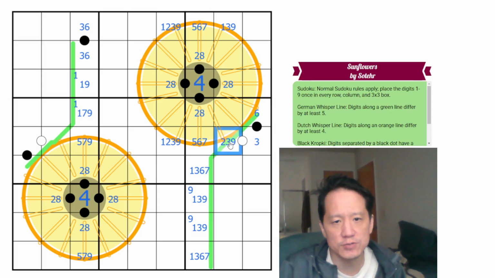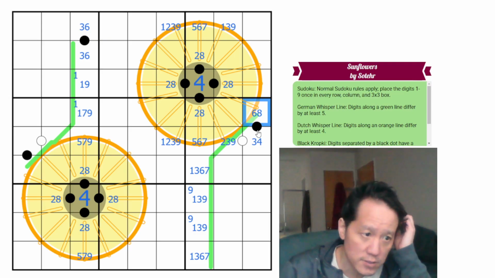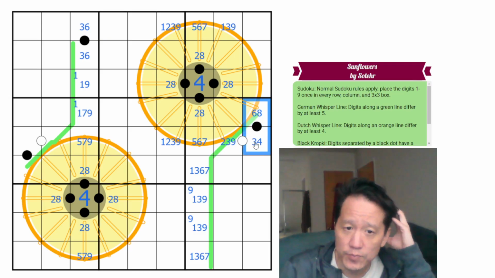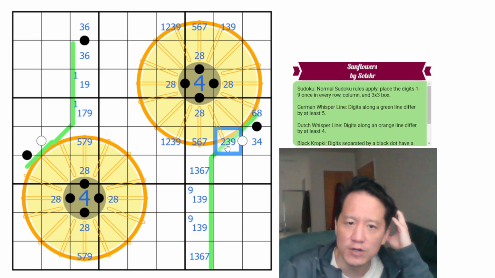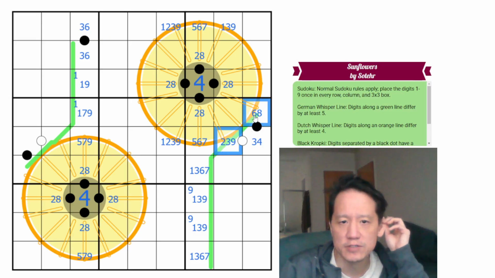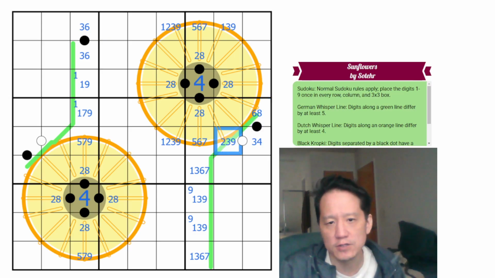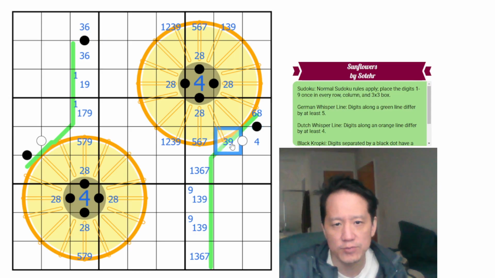So if this is 3, it would have to be next to a 4, which would be then next to an 8 in a 1 to 2 ratio. And that would be 4 away. Actually, it has to be 5 away from also because of the German whisper line here. So this can't, 2 doesn't work, which means this can't be 3.